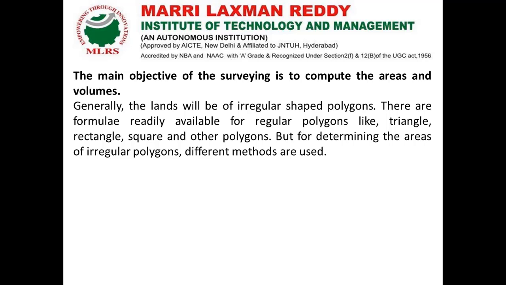If we have a regular shape like a triangle, square, or rectangle, or other polygons, we have readily available formulas. But in the case of irregular boundaries, we have to go for other methods or rules to calculate the area of those boundaries or that land. That we are going to discuss.